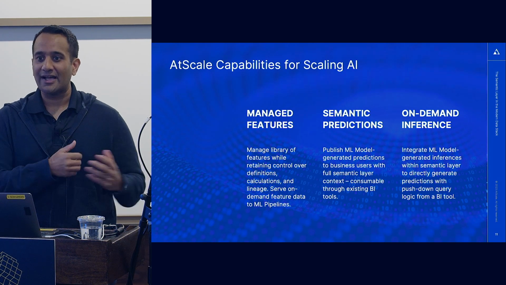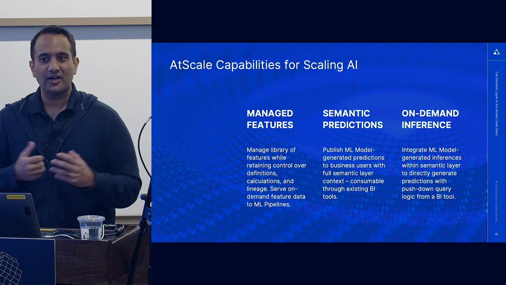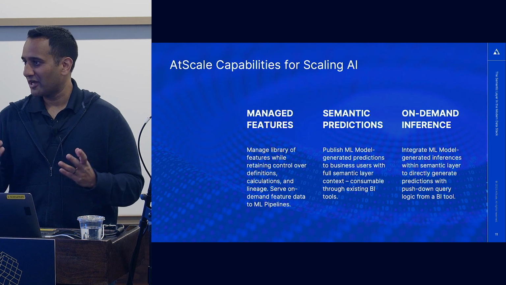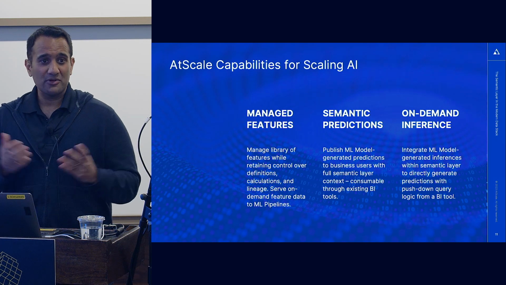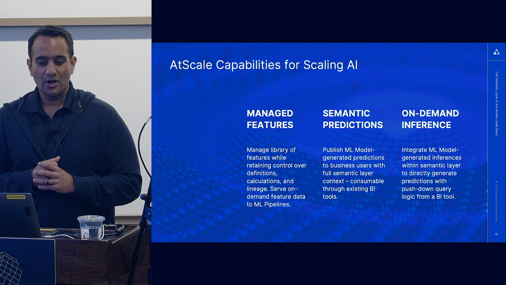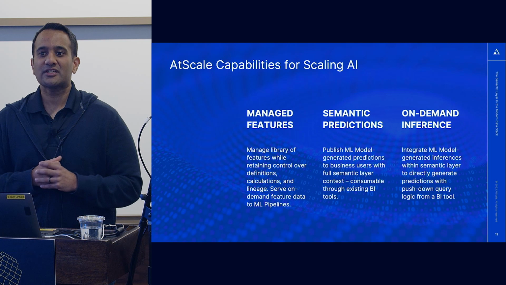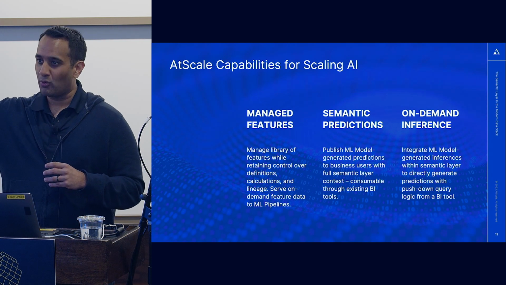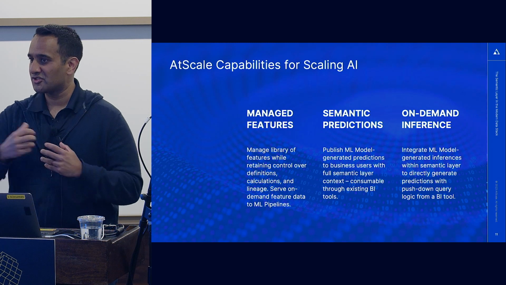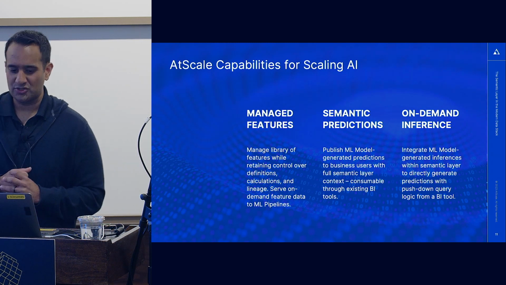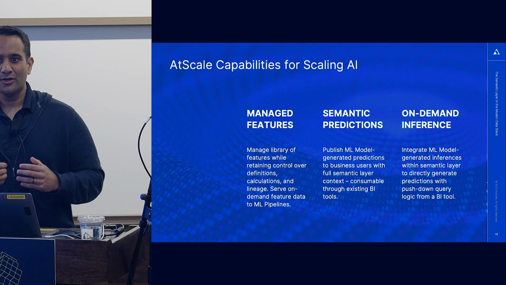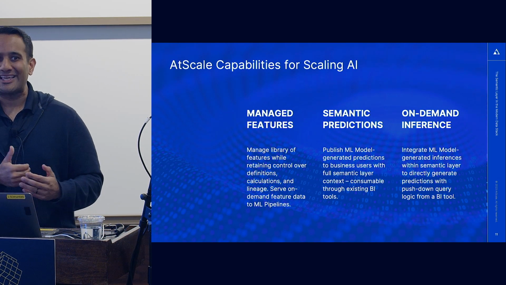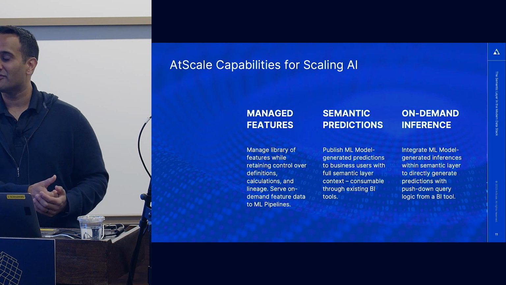You can directly access and pull business-defined features or business-defined logic through Python, or maybe you're using a feature store. Our universal semantic layer would effectively be publishing business logic to a feature store, which would then be the point where a data scientist comes in and starts to read and write from that feature store. But the idea is we are scaling developers within their training pipelines by giving them access to business-relevant actuals.